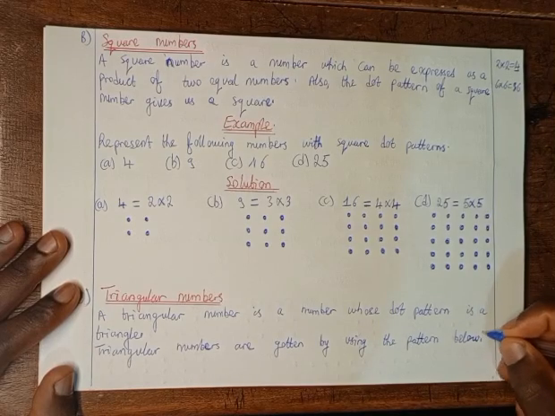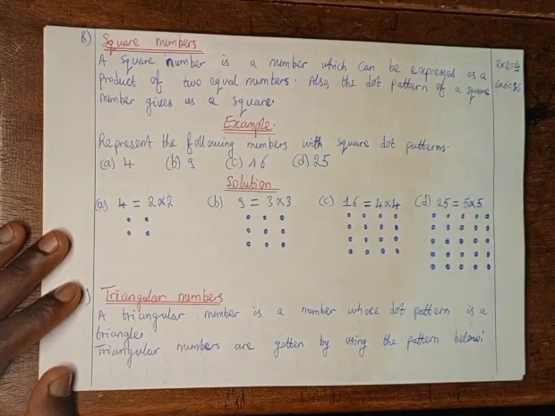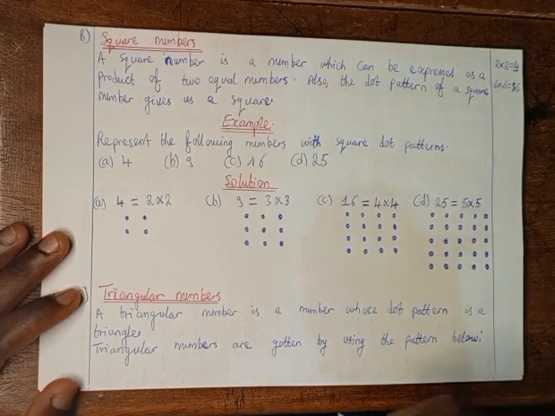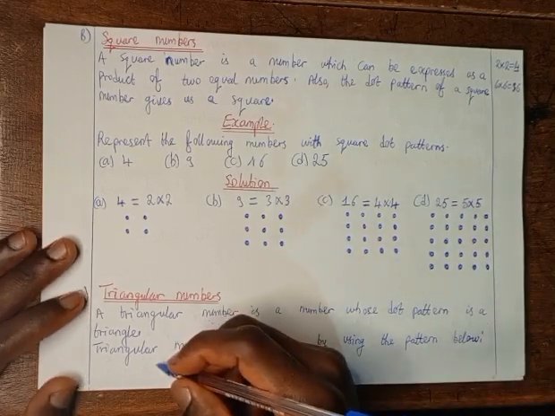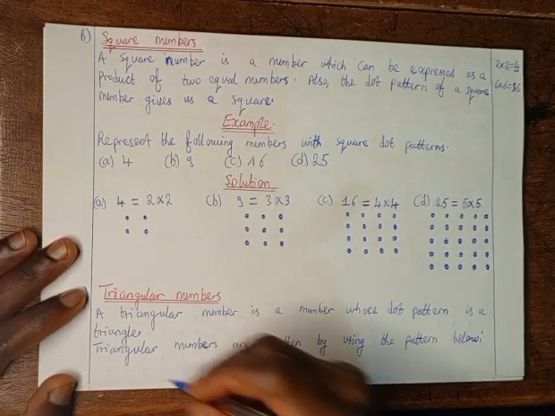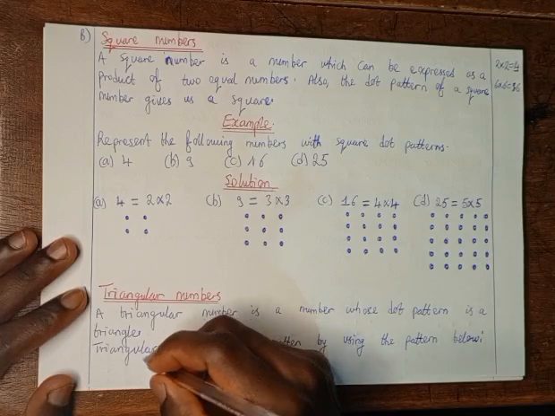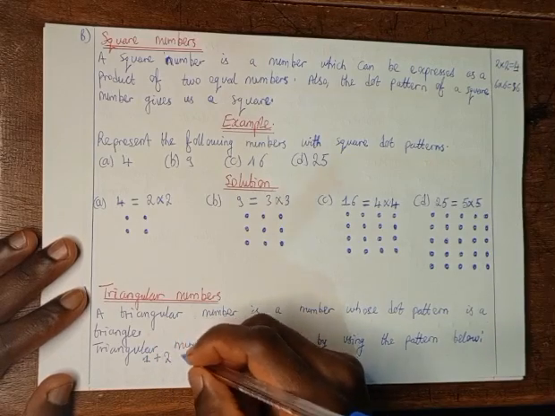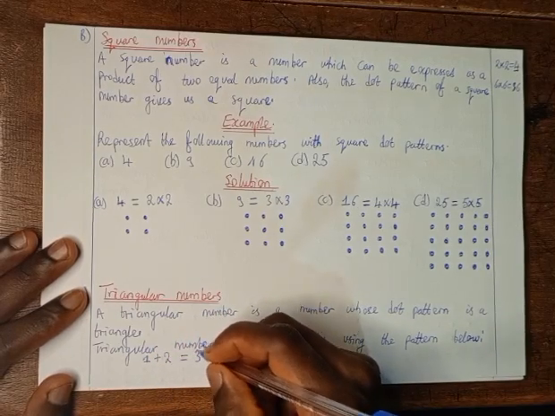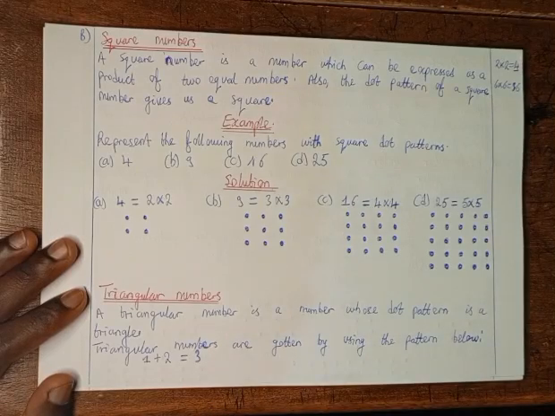We sum natural numbers. We make use of this pattern. For us to get the first triangular number, we are simply going to take 1 plus 2. You know 1 plus 2 gives us 3. Number 3 is a triangular number.